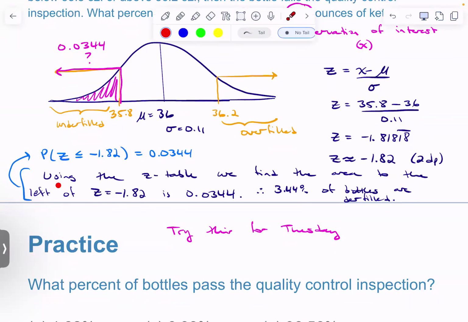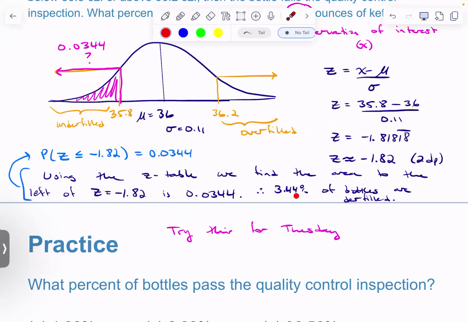Then I introduced 2 options. You can write out exactly what you're finding. Using the Z table, we find the area to the left of Z equal to negative 1.82 is 0.0344.